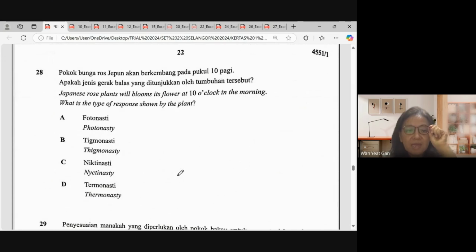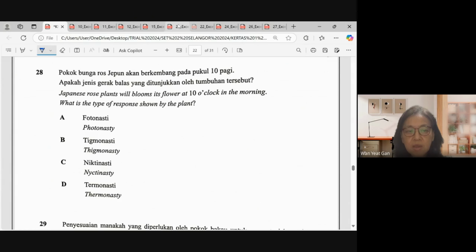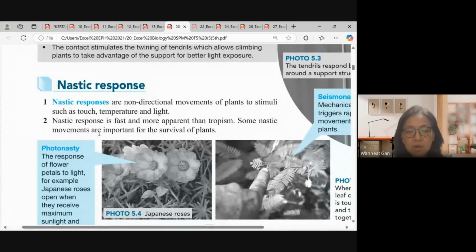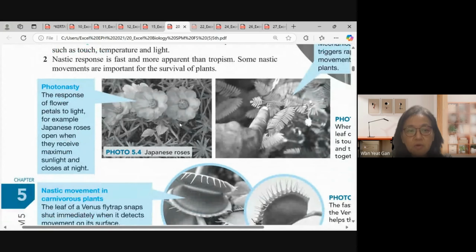Question 28. Japanese rose plant will bloom its flower at 10 o'clock in the morning. What is the type of response shown by the plant? Now, this is Japanese rose.